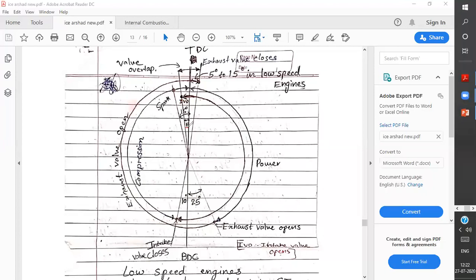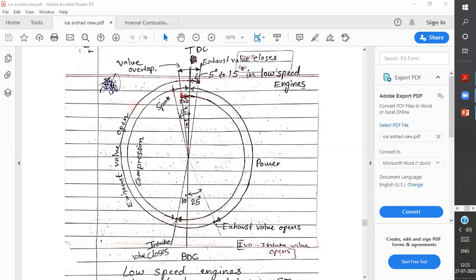It means that before the piston reaches the top, the inlet valve gets opened, and it allows the air fuel mixture to come inside before the exhaust stroke is finished.